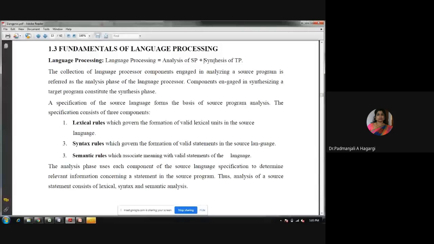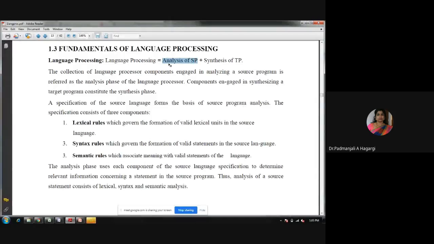It converts into zeros and ones. This happens with all types of computers. So that phase we call the target phase, whatever the code that is generated. Before going to the target phase, anyhow we have our source program.